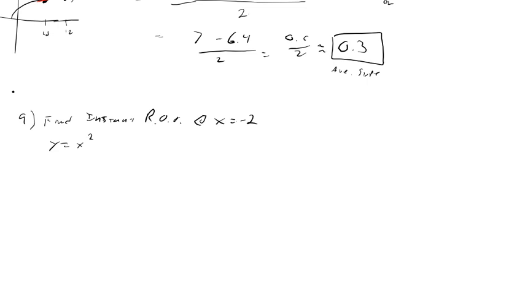We're going to do the same thing. Our formula for the instantaneous rate of change is the limit as x approaches the number we want, a, of f of x minus f of a over x minus a.